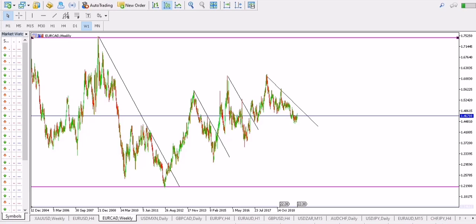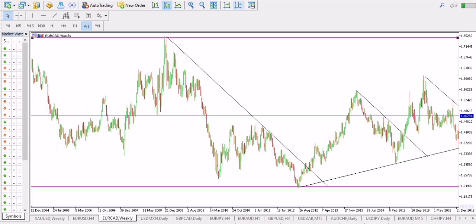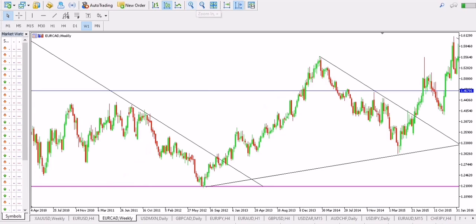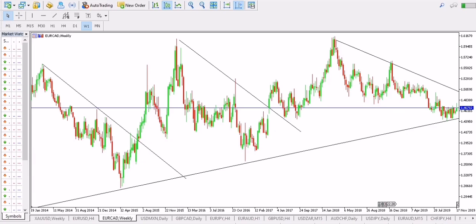So this is the overall uptrend that I picked up on this weekly chart. So I'll just zoom in a bit and make sure, guys, whenever you draw a trend line it has to touch either a tail or a head, which means this trend line is not valid because it's not touching where it has to touch.